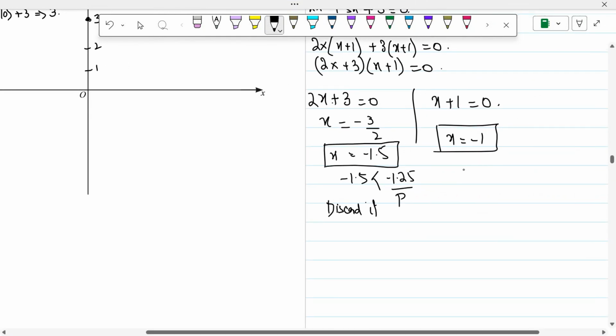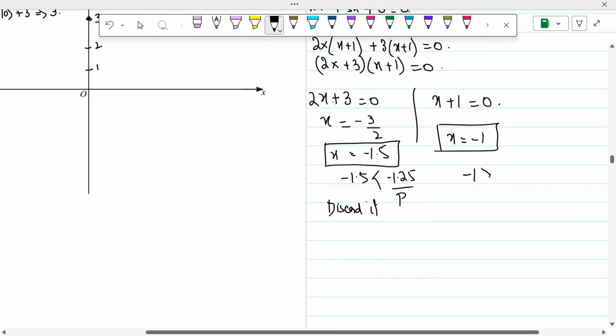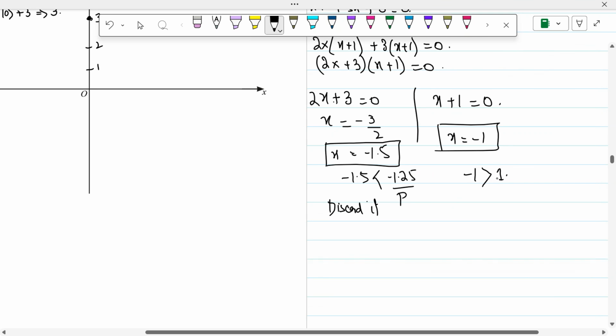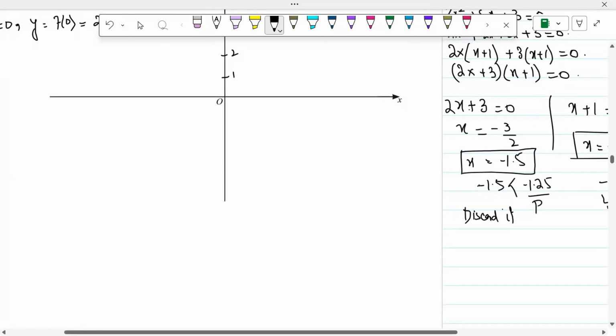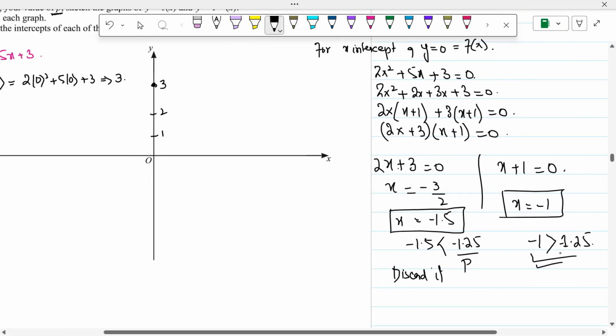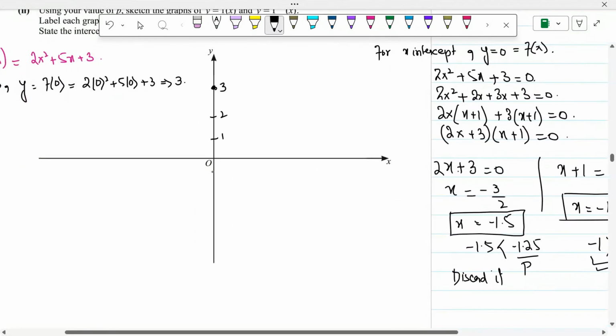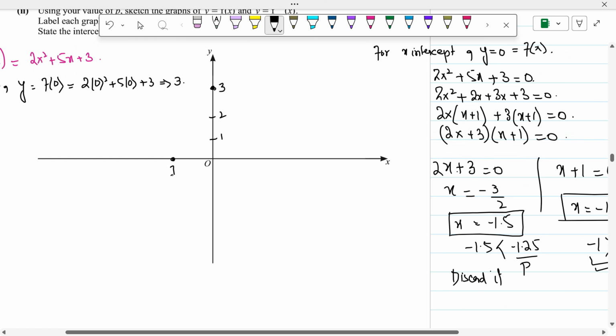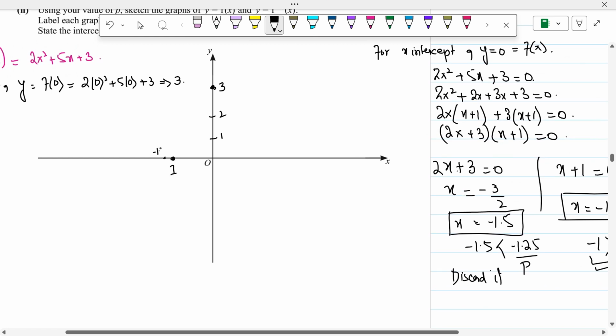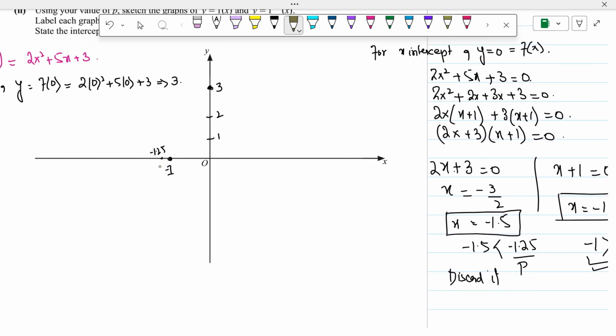On the other hand, negative 1 is greater than p, which is negative 1.25, so we will consider this value. So if this one is 1, this point will be negative 1.25. Sorry, this one is negative 1. So this one is the vertex, and this is the curve of f of x.